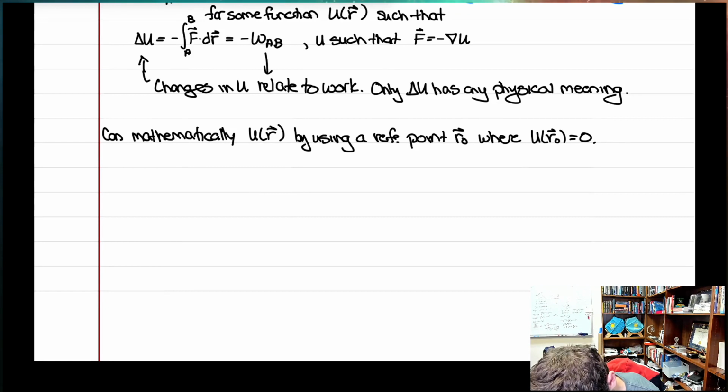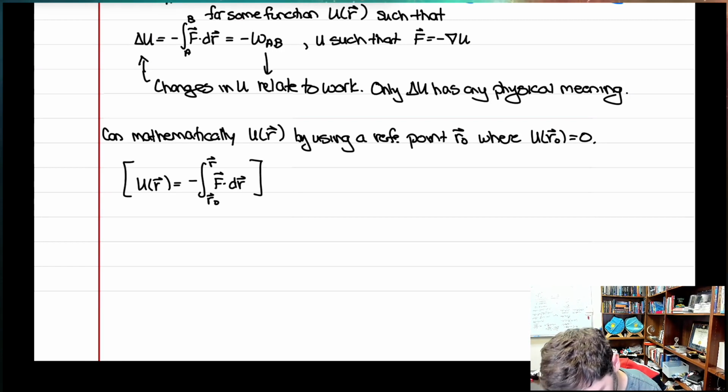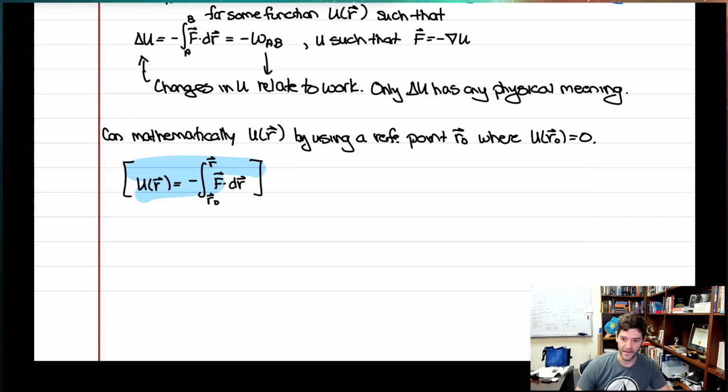So then you can define U at R as being negative the integral from the reference point to your location of F dot dr. That is the formal mathematical way of defining the potential energy function.